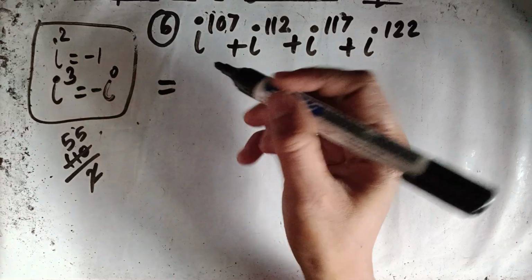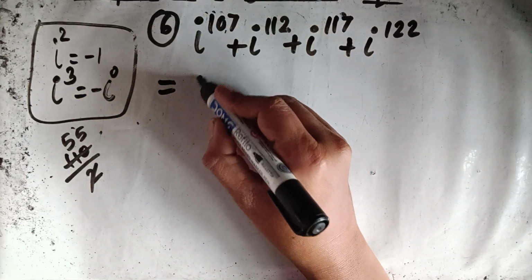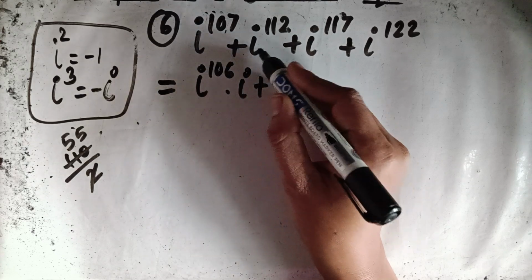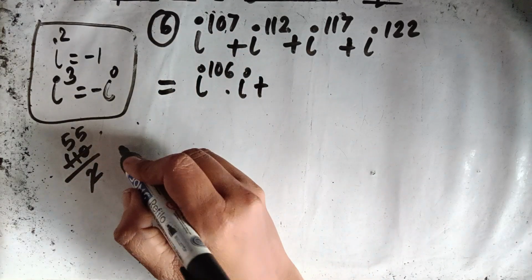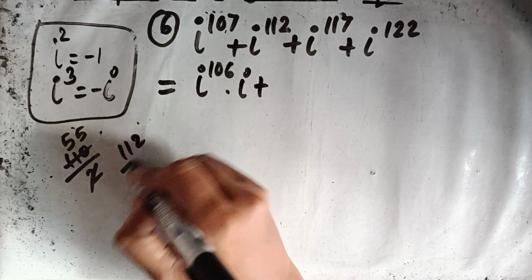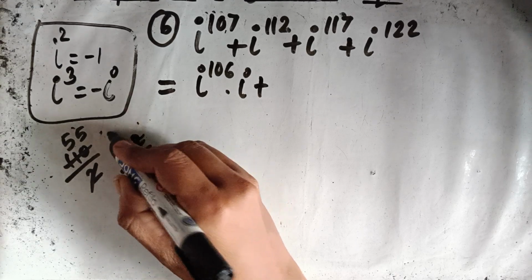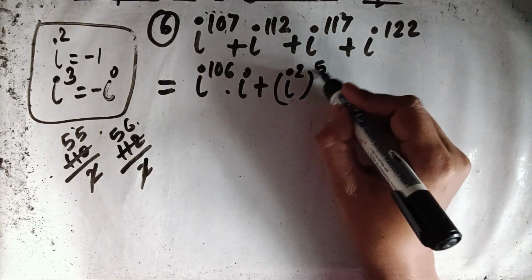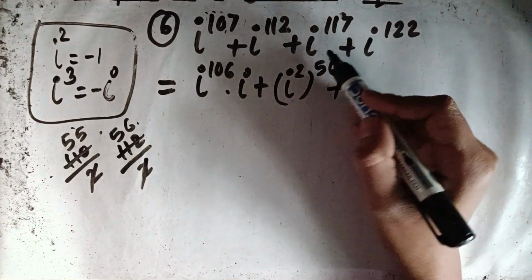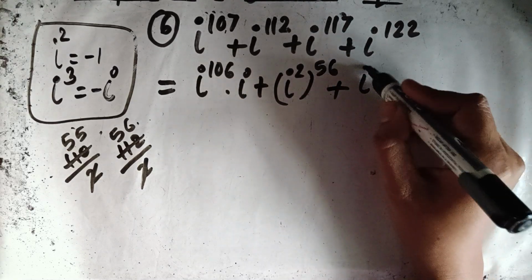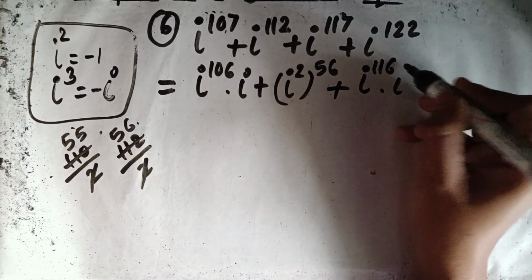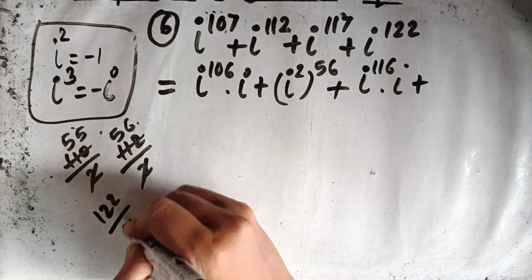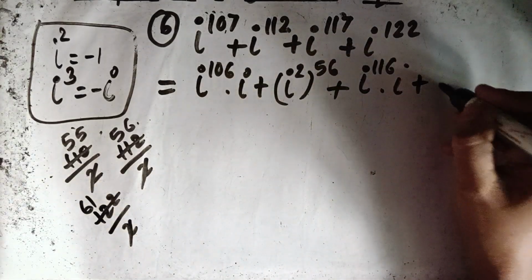So same way you have to solve. 107 you can write as i^106 into i. 112 is already even, so you can divide by 2, 56. 117 you can write i^116 into i, and 122 you can divide by 2, 61.